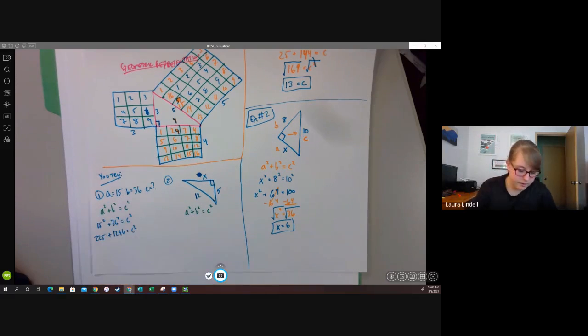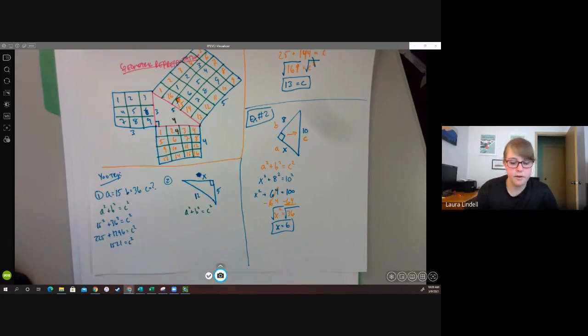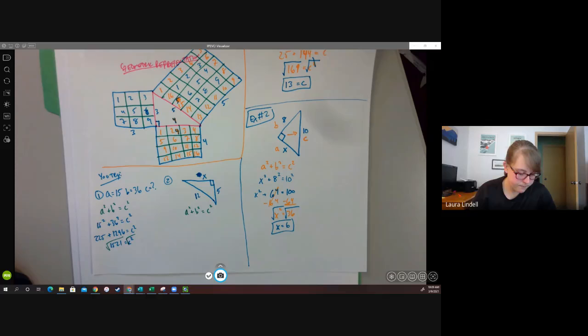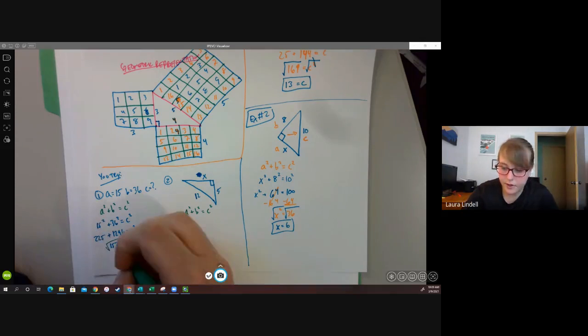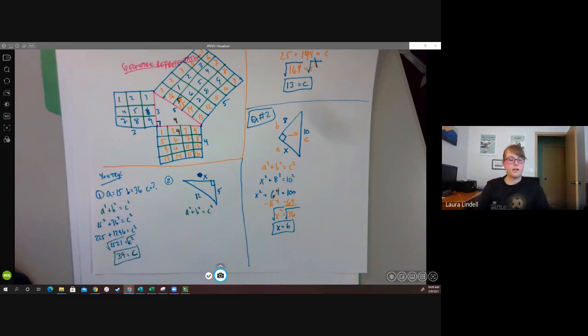So adding these two together, you get 1,521 equals c squared. And then it's just a matter of taking the square root on both sides. And you should get 39 for C. So if you got 39, you are correct. So that first one, we got a whole number answer. The second one, you're not going to get a whole number answer. At least I don't think so.